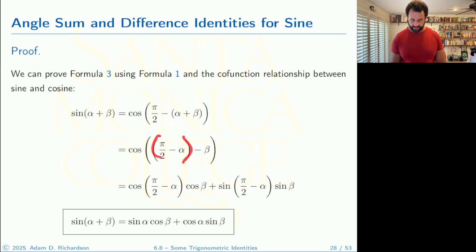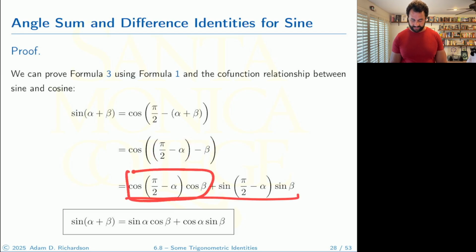So we get this right here. All right? Now, if you squint your eyes a little bit, notice that what we've got here is cosine of an angle minus an angle. That's an angle difference, and we've got a formula for that. We've got a formula for cosine of an angle difference, and that's being applied right here.